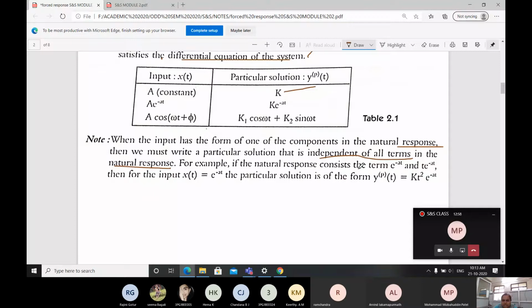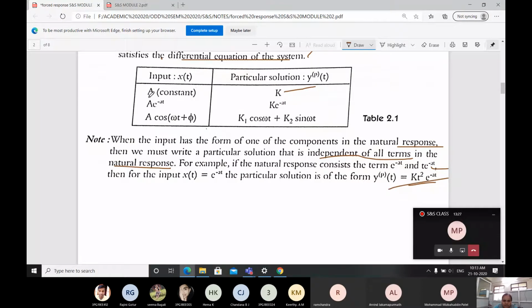If the natural response consists of the terms e raised to minus at and t into e raised to minus at, then for the input x of t equal to e raised to minus at, the particular solution is yp of t equals k into t square e raised to minus at. Just remember this.